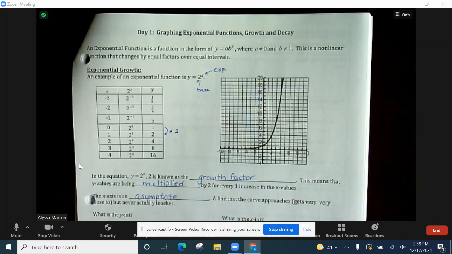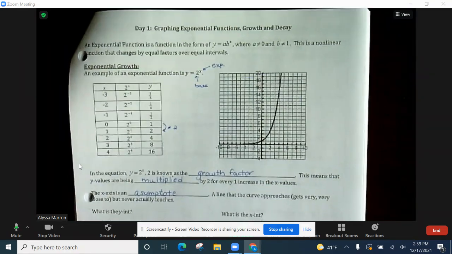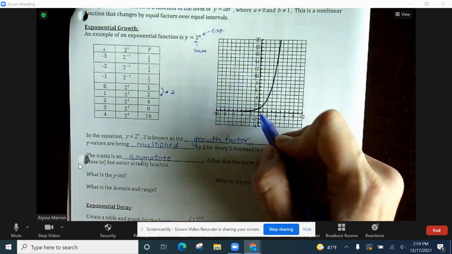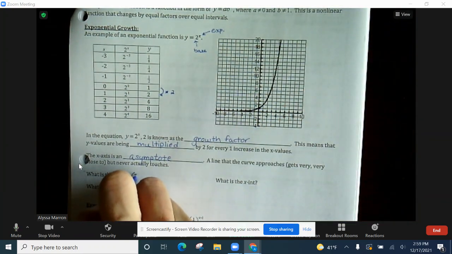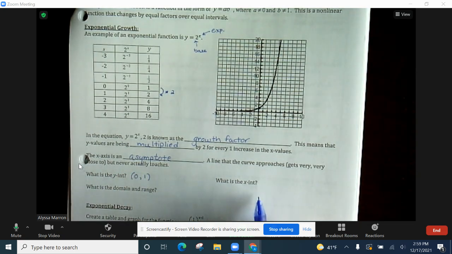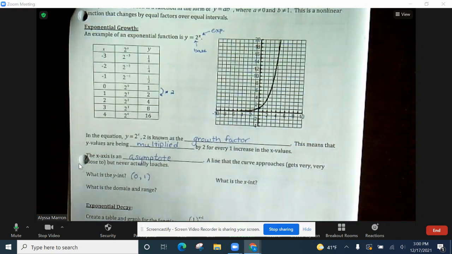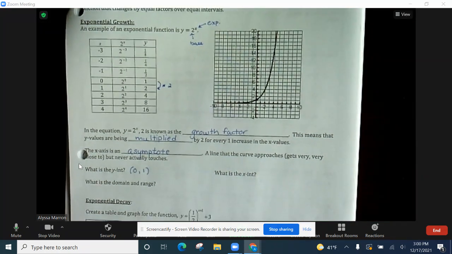That's the asymptote. So in here, it says, what is the y-intercept? The y-intercept is where your function crosses the y-axis, as you already know. If I were to look at my graph, it crosses the y-axis right here. That's at (0, 1). As far as an x-intercept, it looks like it's going to cross here, like I said. It's actually not. It's going to get infinitely close without crossing the x-axis.